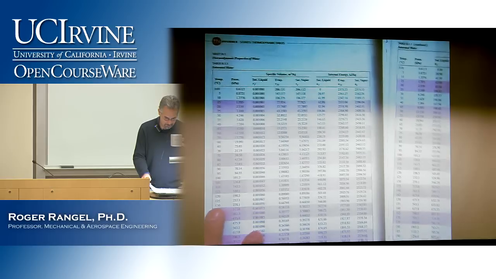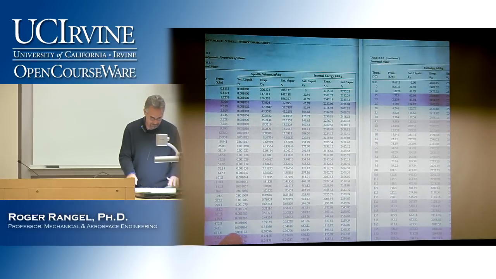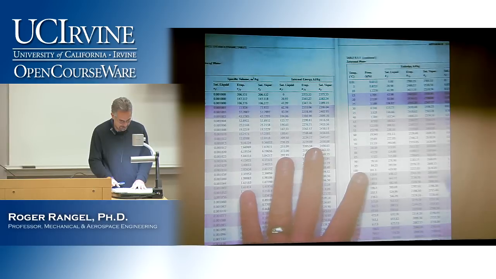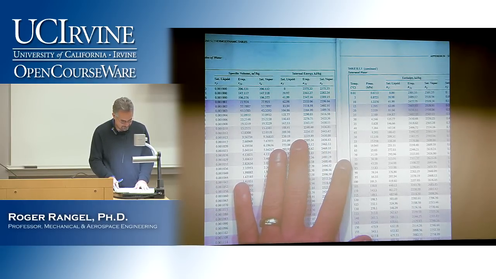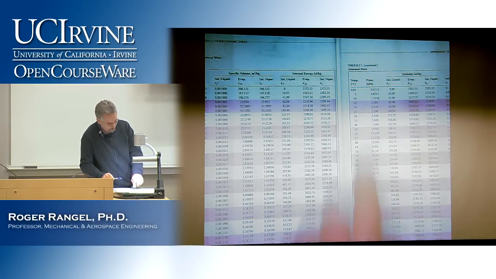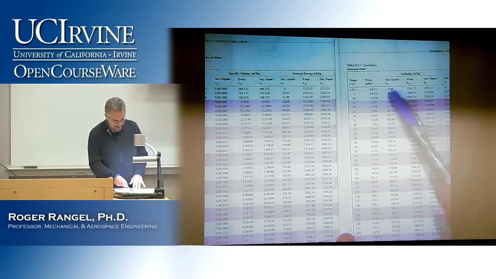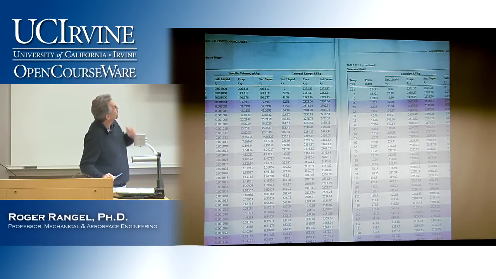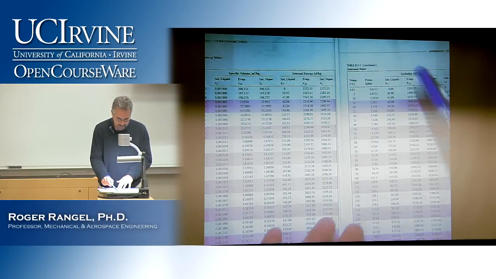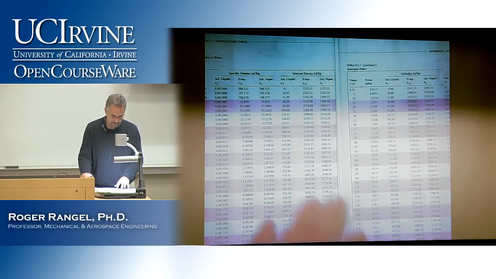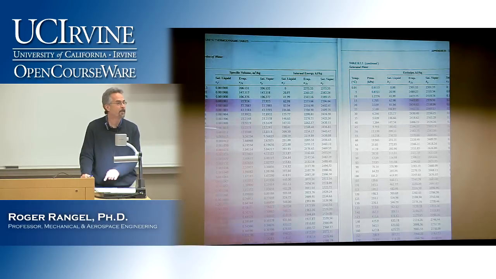When you open the book, it has two sides. It's the same table, it just keeps going. On the right side it repeats the temperature and pressure, so you don't have to go all the way across. But now it has enthalpy, hf, hfg, hg, and then some entropy, which we haven't gotten into. But as you saw in the first law for an open system, enthalpy is important. So what do you think I should read from here?